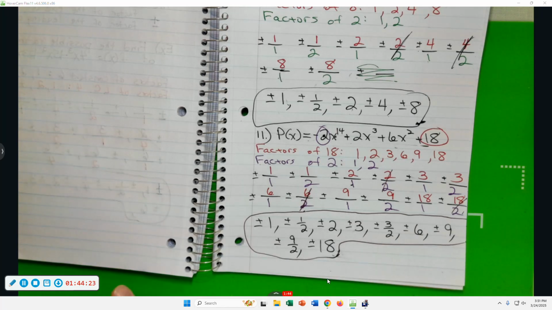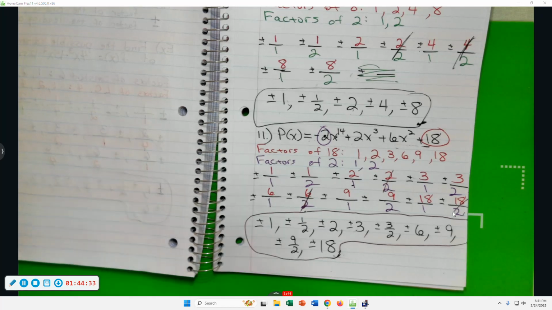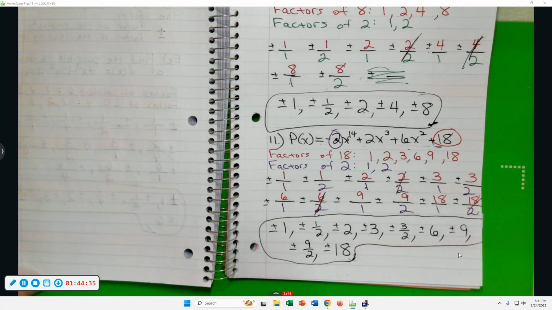There were some problems that I always think, if I have a really bad class, I'll assign them, and that's never happened, where it's not multiple choice and you write them out, and they want you to type them in numerical order. If it had told you to type these in numerical order from smallest to largest, what would be the first number you type? The smallest number?